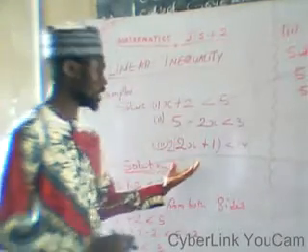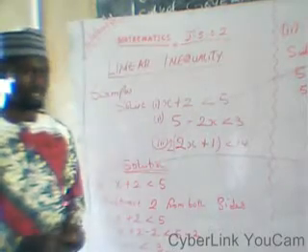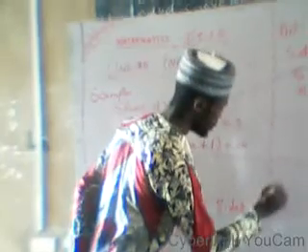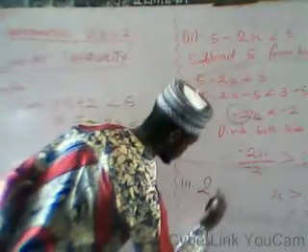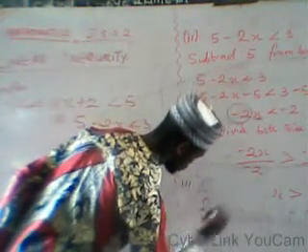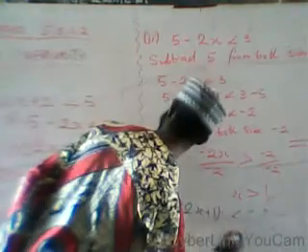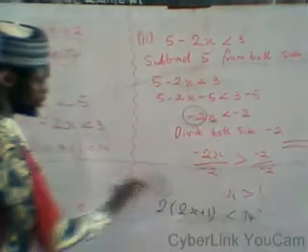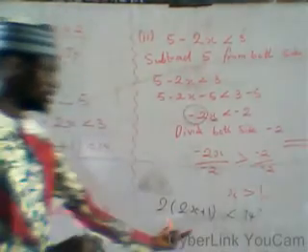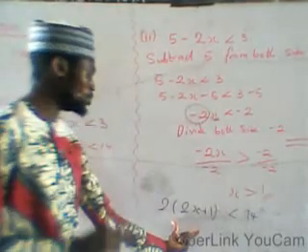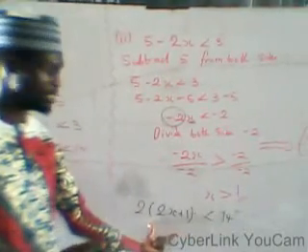Let's quickly see the third question. In the third question, we have brackets there. The third question says 2(2x + 1) < 14. These brackets will firstly be removed before you can calculate anything there.